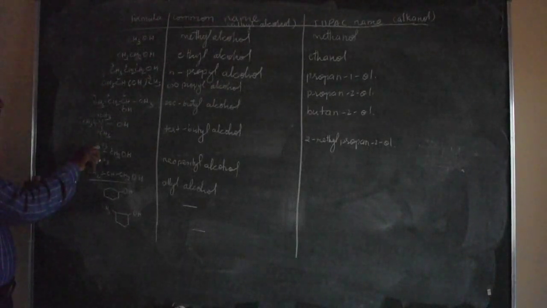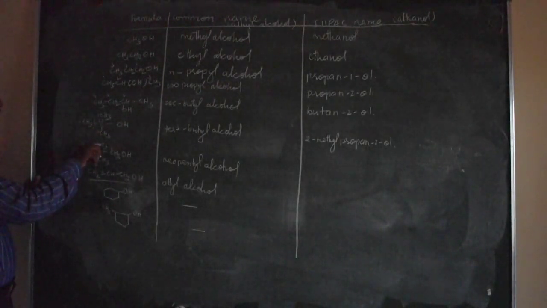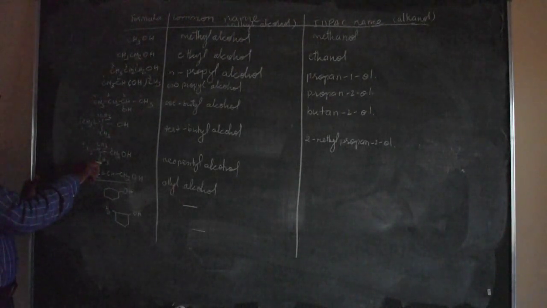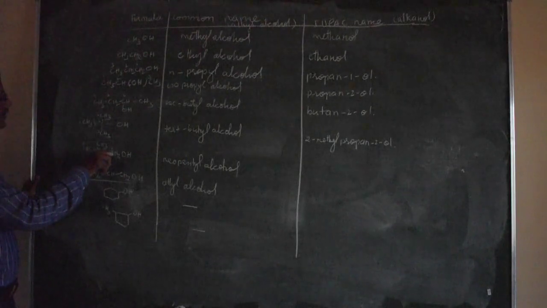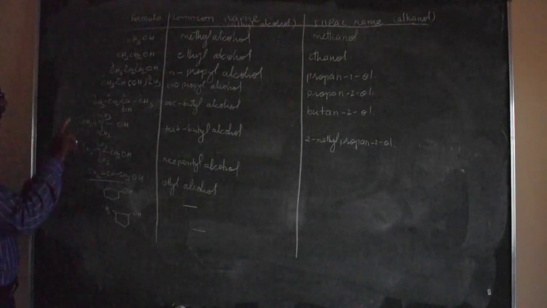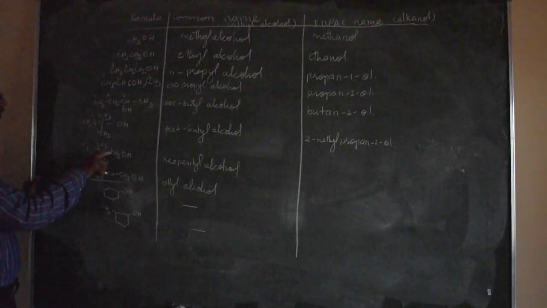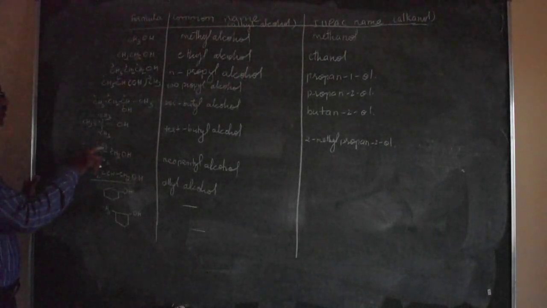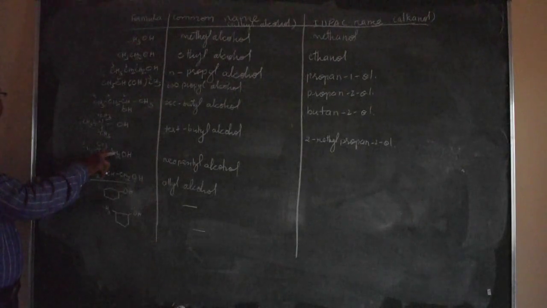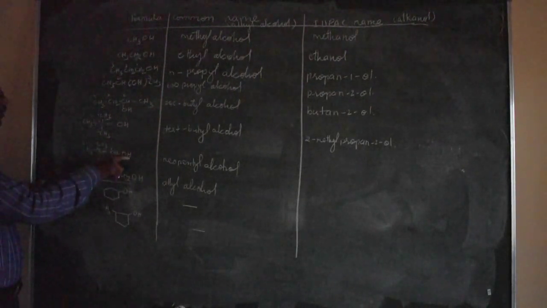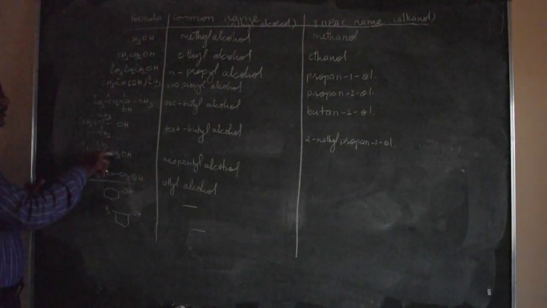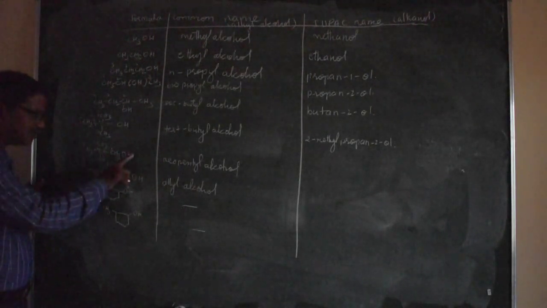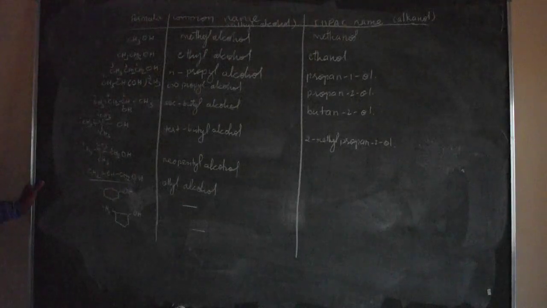Why is it not numbered like the other way? Because there is no OH group on this carbon. Here on this carbon we have the functional group, so you must number like this. It should not be numbered the other way, because then the functional group would be on the third carbon. That is the wrong method according to the IUPAC system. It must be close to the functional group, so this is the correct one.